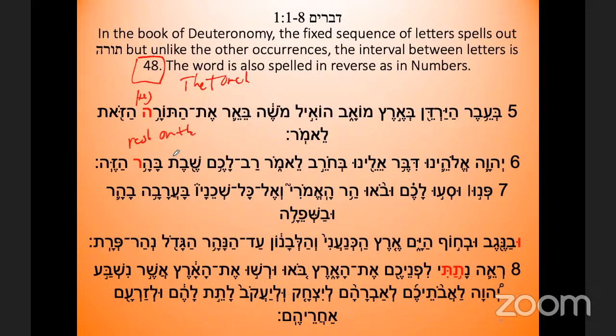Ba is on the, and then Har is mountain. And we have Uva Negev, so we have a Vav. The Negev is south. Natati, I gave. So we have our Tav. Go backwards, Tav, Vav, Resh, Hey, Torah.